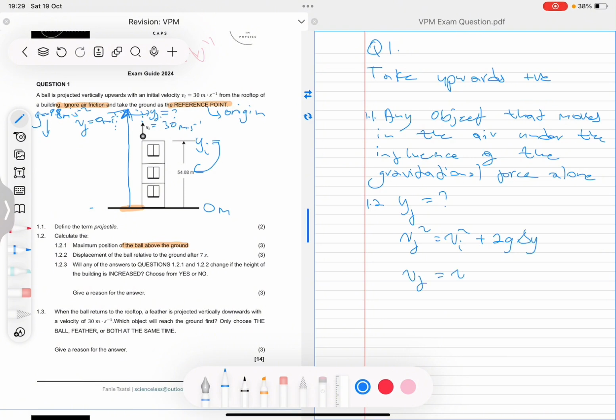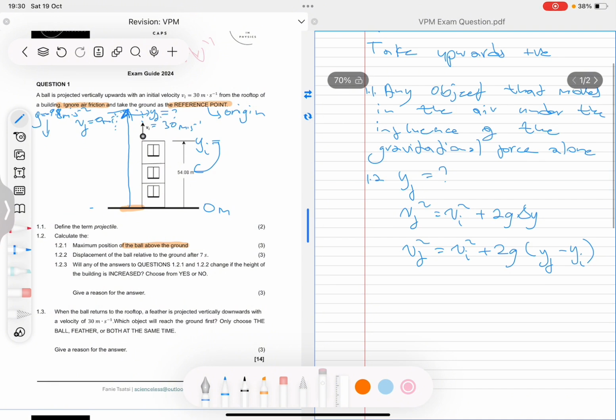Now in this equation, we know that the displacement is given by y final minus y initial. That's how we define the displacement: the final position minus the initial position.